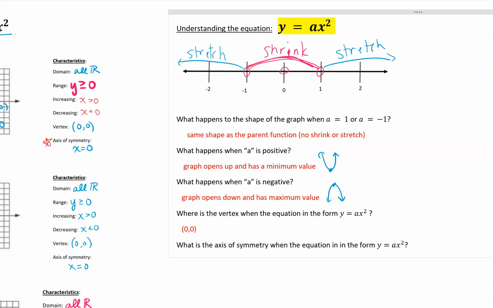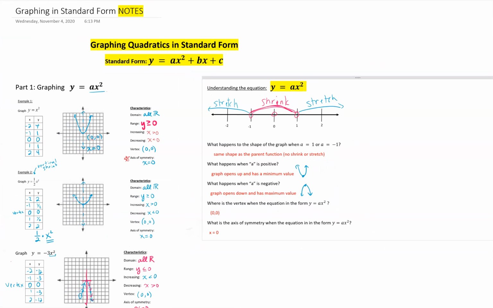And then the axis of symmetry for these, since the vertex goes through 0, 0, the axis of symmetry is always going to be x equals 0. Now when we start moving the function around, it's going to take a little more work to find those pieces. But when it's in the form y equals ax squared, we know the vertex is sitting at 0, 0, and the line of symmetry goes right through the middle at x equals 0.